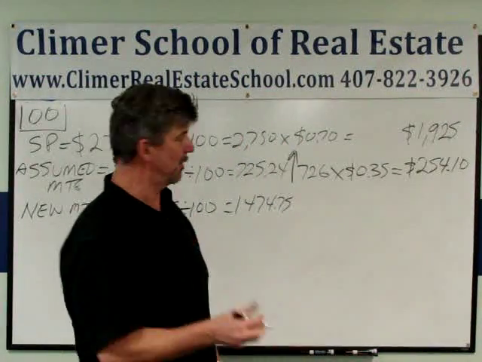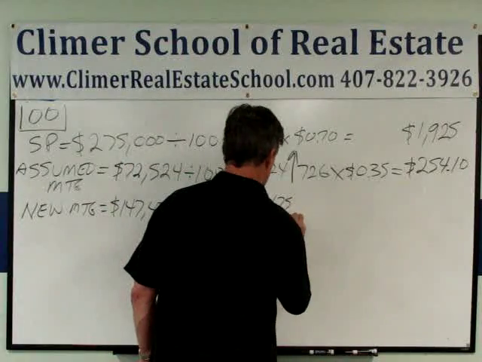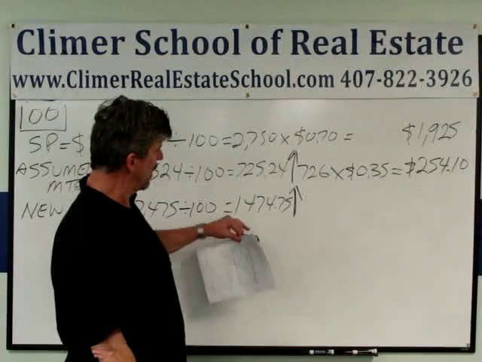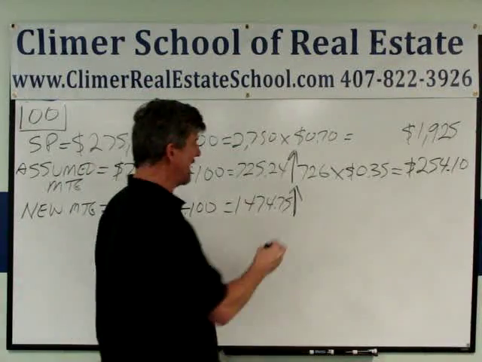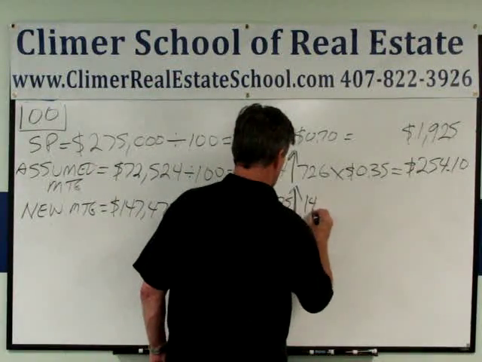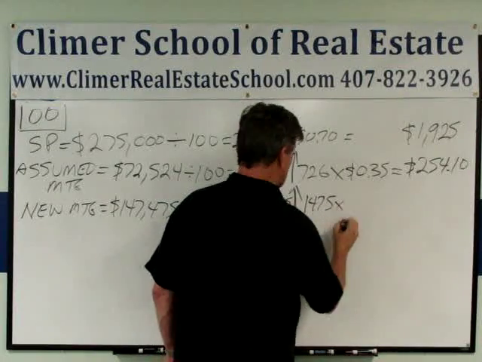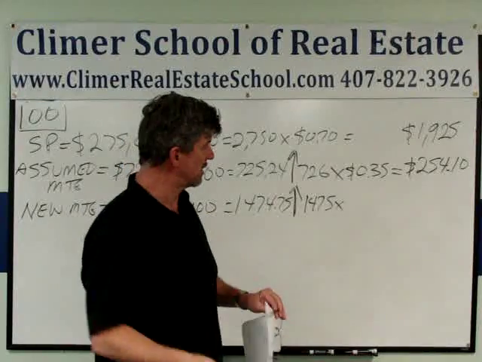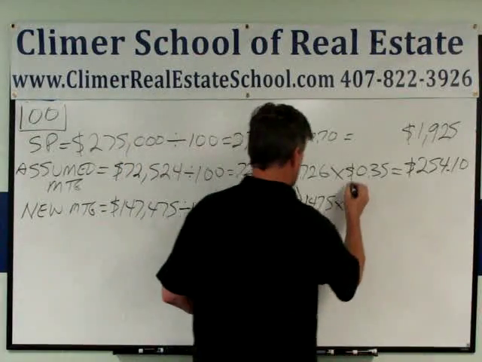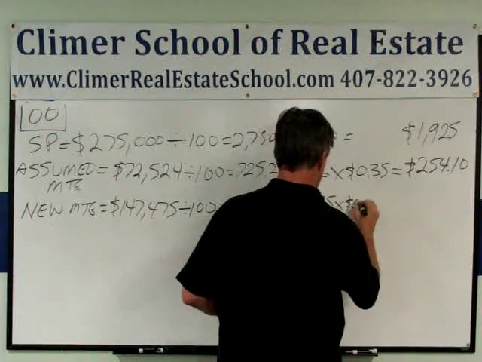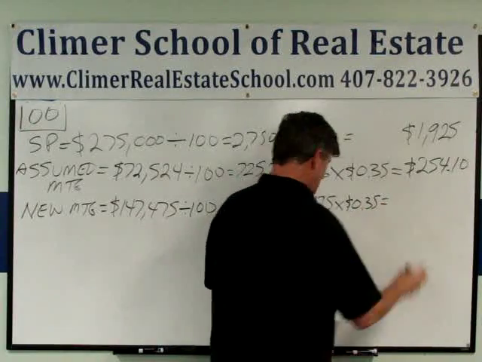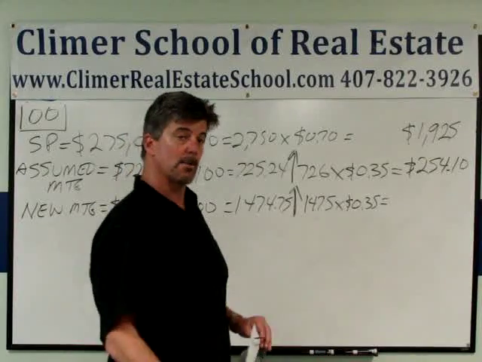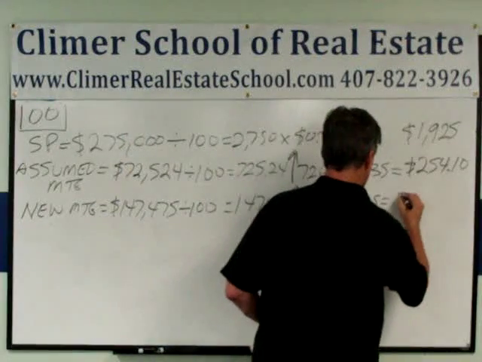The state's not going to give away a stamp. If we round up, that's 1,475. And again, each documentary stamp on the note for the financing is 35 cents. And if my math is correct, $516.25.